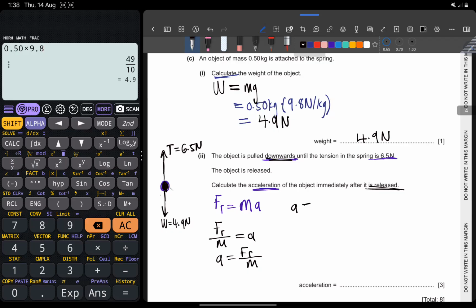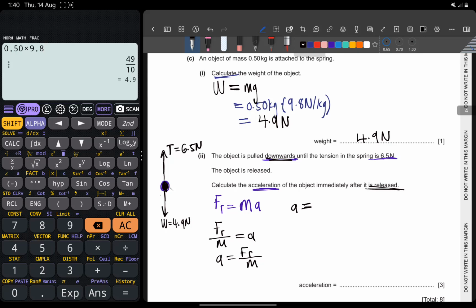So acceleration is going to be equal to, what is the resultant force here now? What we know is that when you have a force facing the right-hand side, it is positive, and the force facing the left is negative.